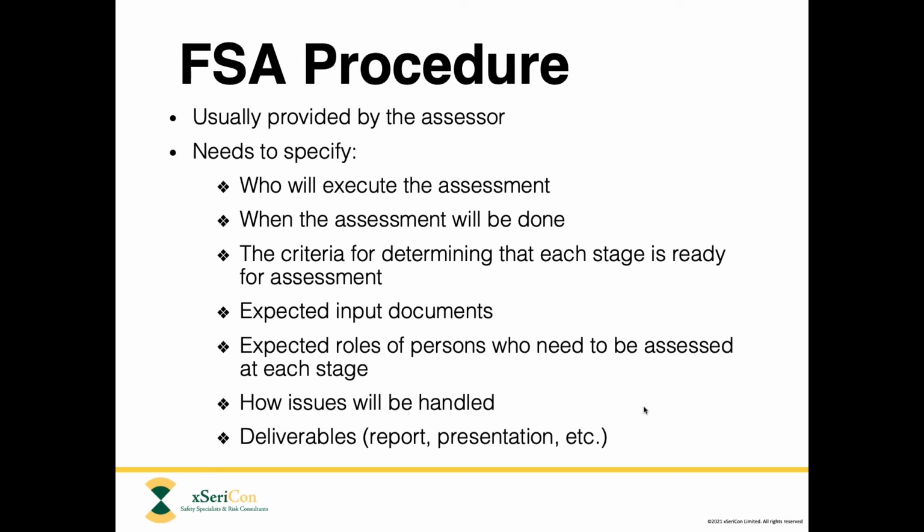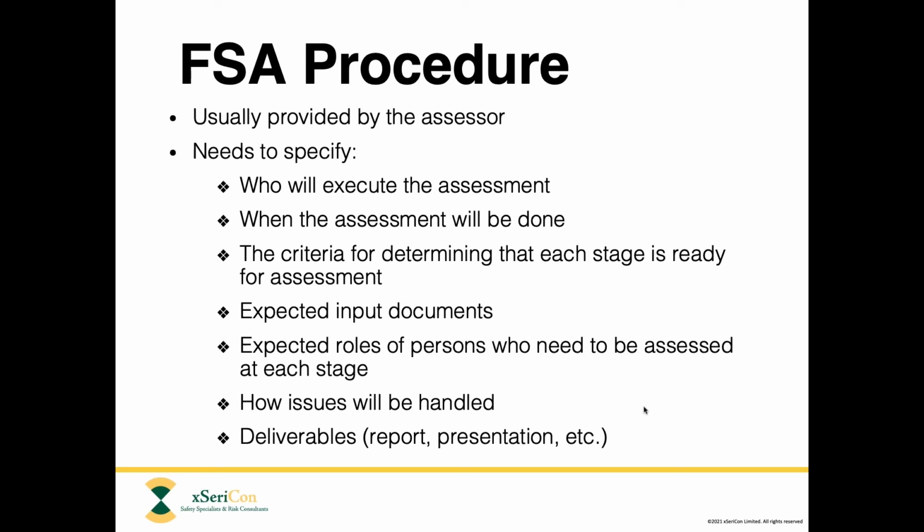Also, as I mentioned before, each assessor usually has a slightly different approach. So that's why we, as an assessor team, the first thing we'll do is provide an FSA procedure for the team's review and comment.